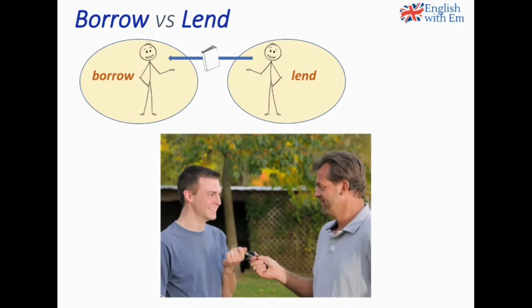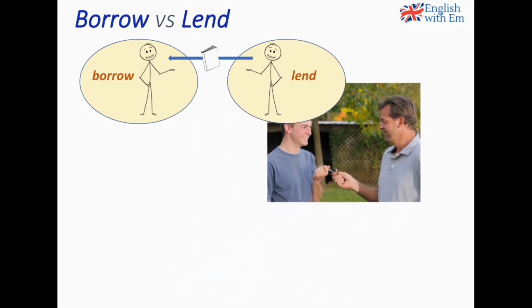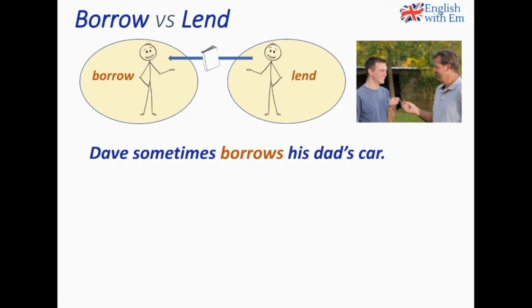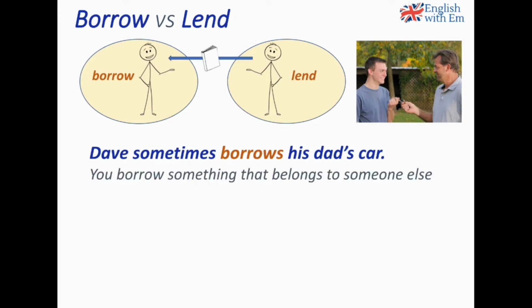Imagine the situation. This young man, let's call him Dave, wants to borrow his dad's car. Now, Dave sometimes borrows his dad's car. So you borrow something that belongs to someone else. It is not Dave's car, it is his dad's car.